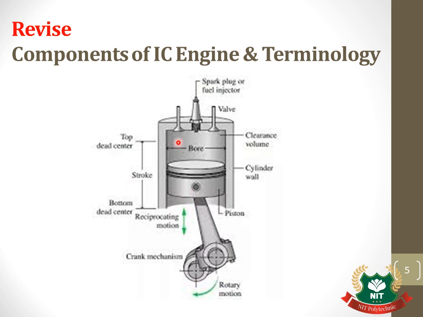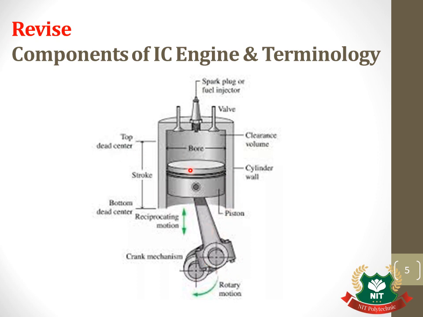The piston reciprocates within the cylinder and this piston is connected to a crank through this connecting rod. When a piston moves in the cylinder, this reciprocating motion is converted into a rotary motion of a crank.